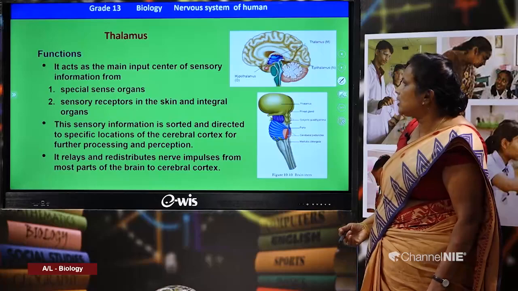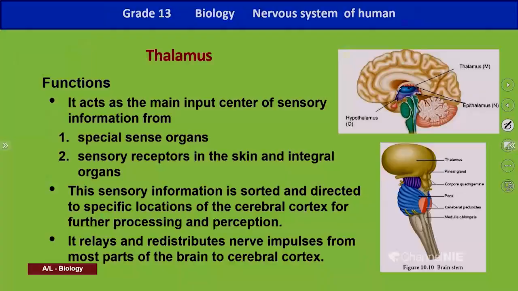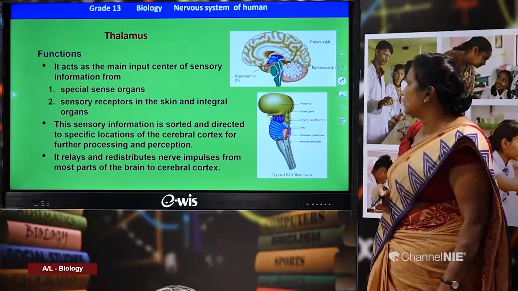Thalamus functions act as the main input center of sensory information from special sense organs, sensory receptors in the skin and internal organs. That is one of the important functions. Input center of sensory information, right?